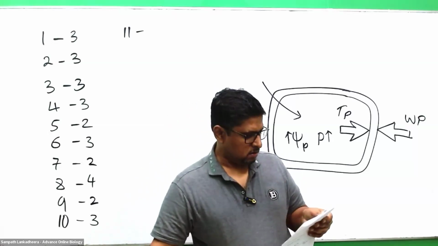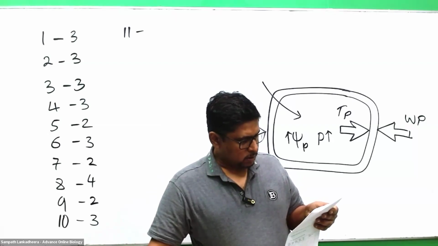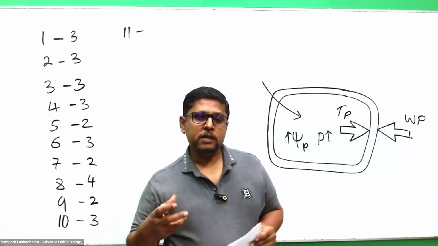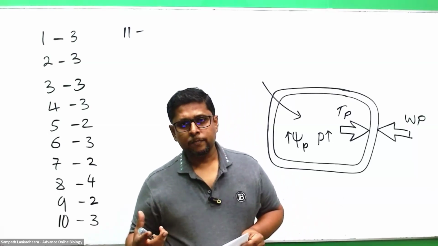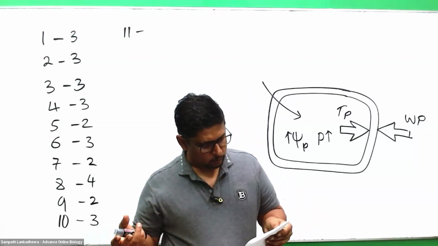Long question. So what features present in root hairs enhance the absorption of minerals and water?